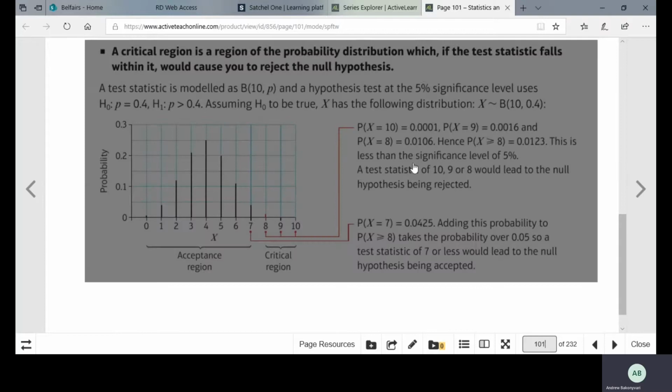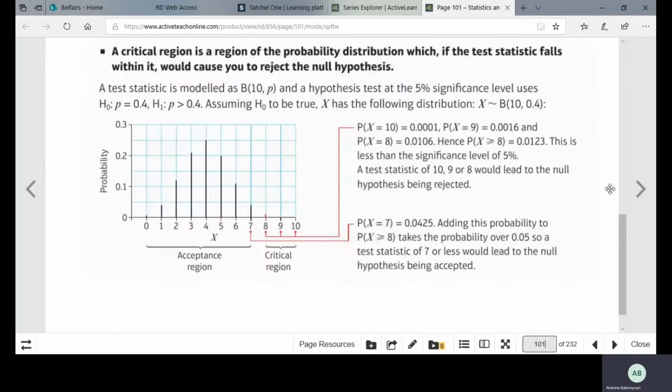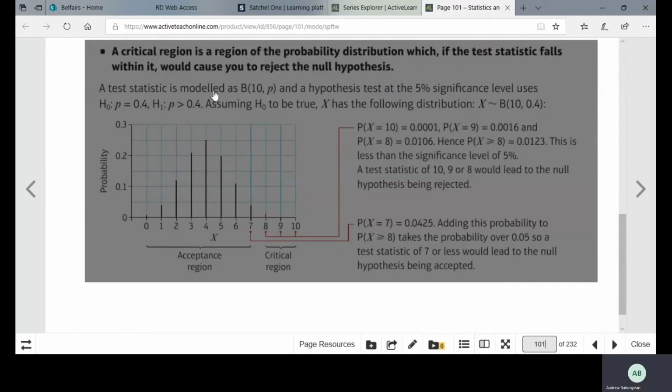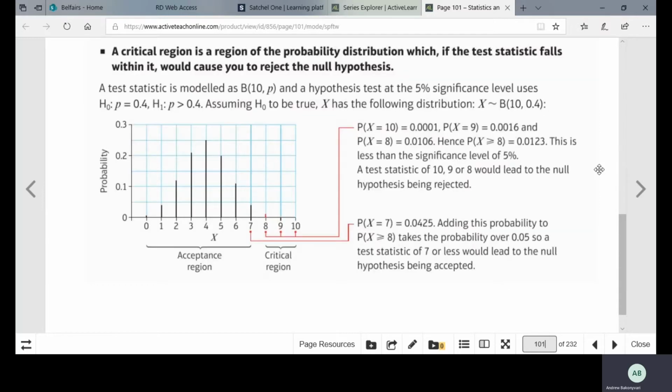And we're just going to have a look at a little example here about a test statistic that is modeled as binomially distributed with 10 trials, probability of success p, and a hypothesis test at the 5% significance level. Now, these significance levels are going to be fairly important to us throughout this chapter.